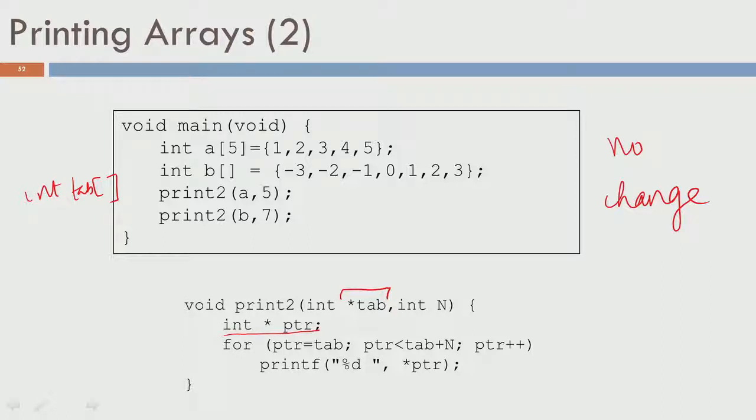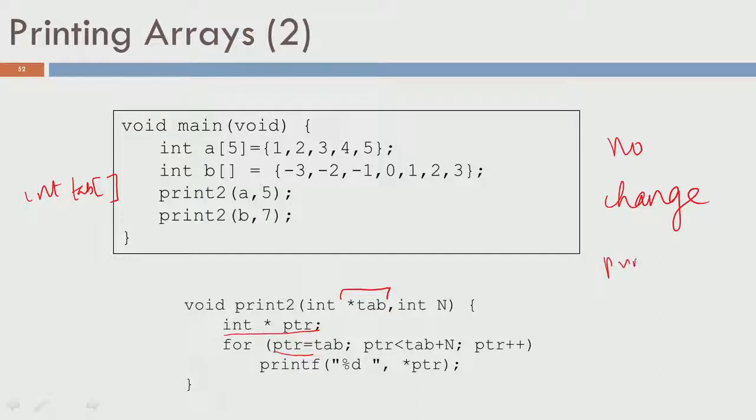What we are going to do is take ptr equals tab, which means the first invocation of print 2 will have a pointer to a of 0. You make a copy of that to ptr. Let us look at the sequence of things.